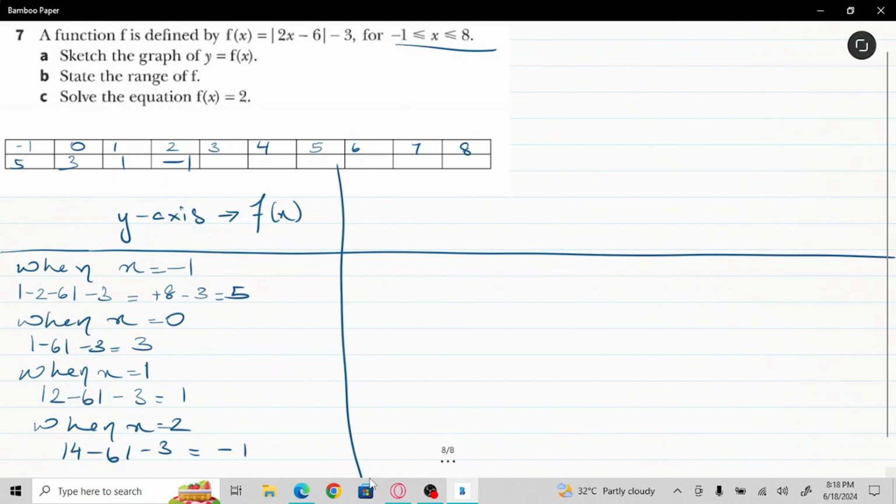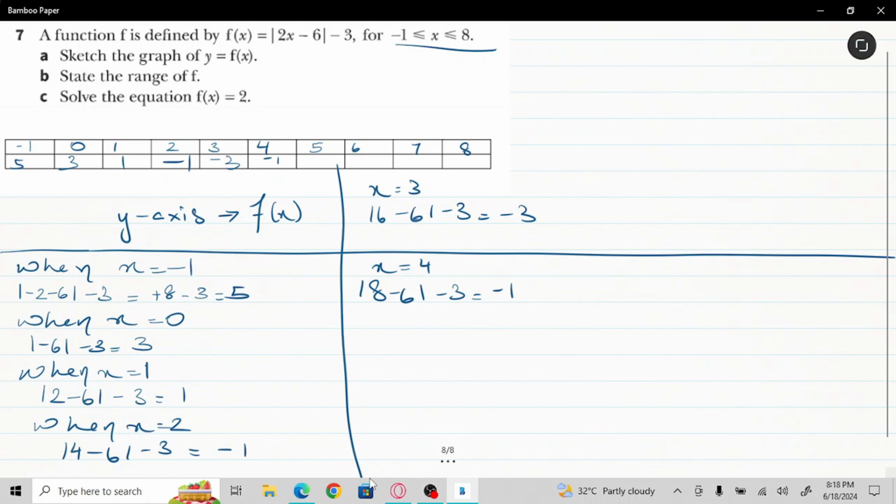And when x is equal to 3, we have 2 3s are 6, 6 minus 6, minus 3. So we have minus 3 itself. x is equal to 4, we have 2 4s are 8, 8 minus 6, minus 3, which will become positive 2 minus 3, which is again negative 1. That means there's a reflection at this point, by the way, because these two values are coming after one difference. So whatever, just leave this.